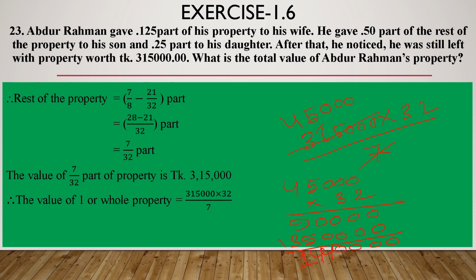So 14,40,000 taka. So my dear students, we have got the reducing part, 45,000 is the reduced part, and if we multiply by 32, we will get 14,40,000, which is the desired answer, the total value of Abdur Rahman's property.